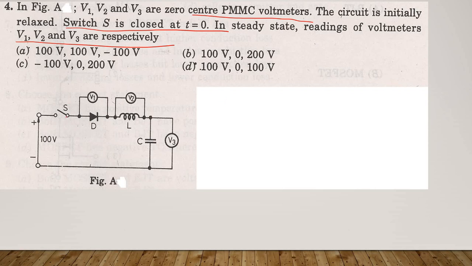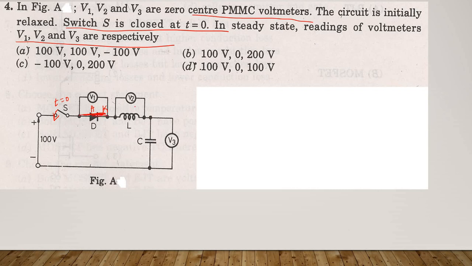Okay, see the circuit. The condition number 1 is the switch is closed at t equal to 0. If the switch is closed at t equal to 0, the diode anode is connected to positive and the cathode is connected to the negative terminal of the battery.